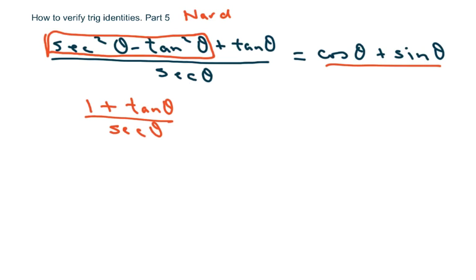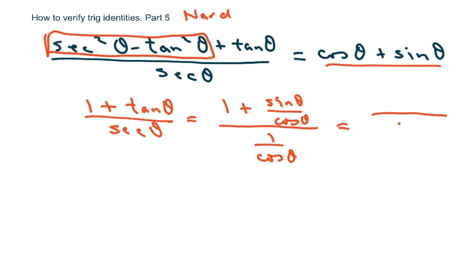So that makes it a little easier, and now I'm going to go ahead and write this in terms of sine and cosine, like we have been doing. Get your common denominator for the numerator. So that's going to be cosine of theta plus sine of theta.